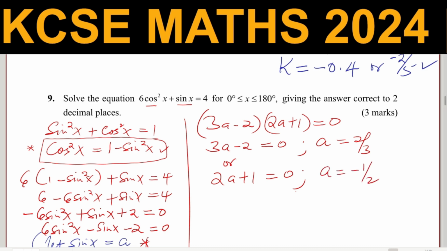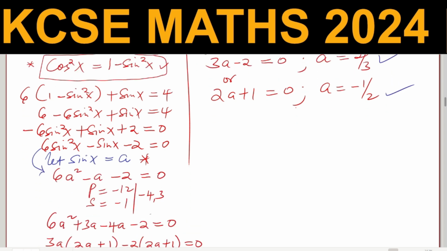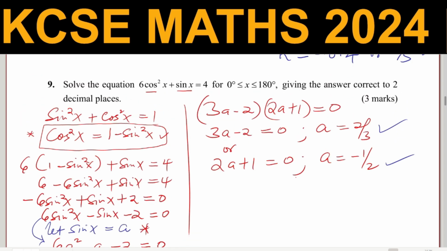Now you can see you have two values of a, but remember a was sine x. That means for the first solution, sine x equals 2/3, because a was sine x.